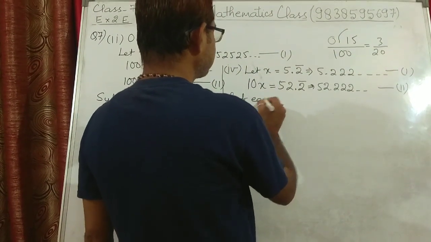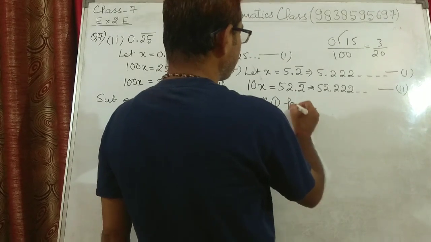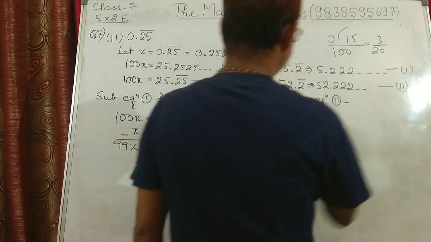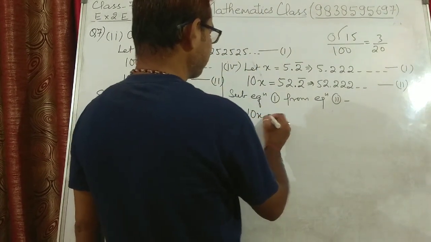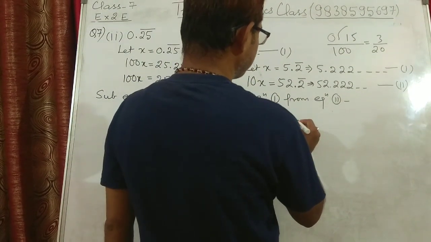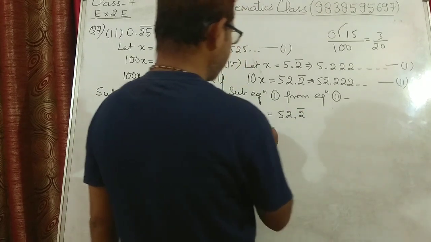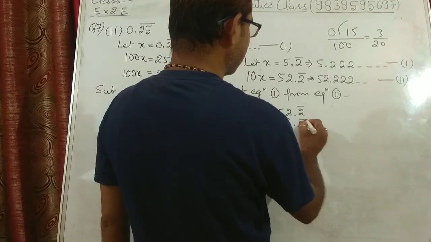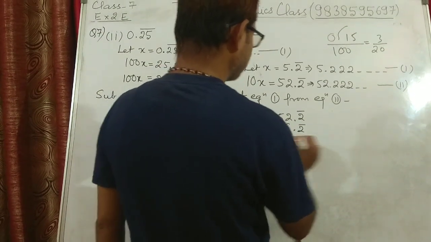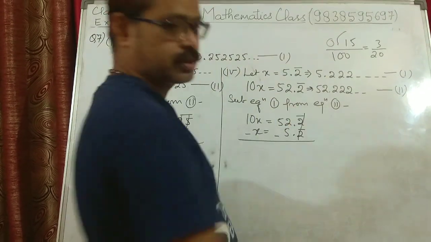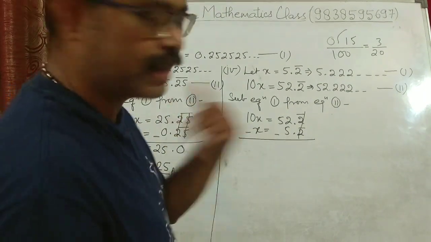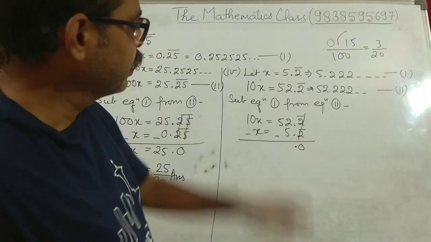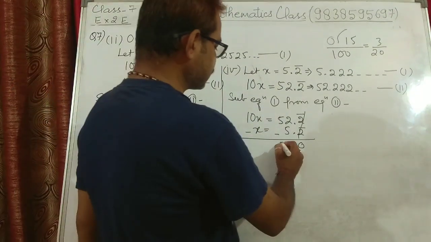Subtracting equation 1 from equation 2, what we will get? 10x is equal to 52.2 bar and x is equal to 5.2 bar. When you subtract, all the 2s after the decimal will cancel, means after the decimal we will get 0. 52 minus 5 is 47.